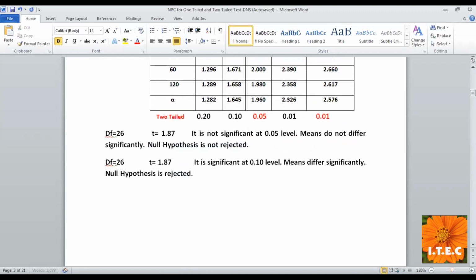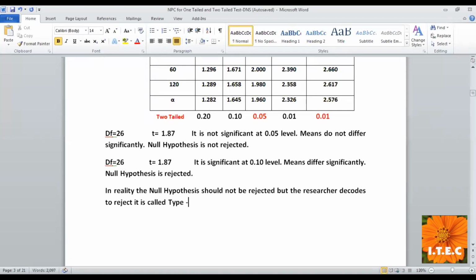So in reality, the null hypothesis should not be rejected, but the researcher decides to reject it, is called type 1 error, or is called alpha error.